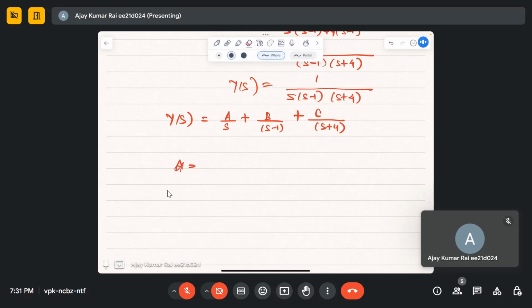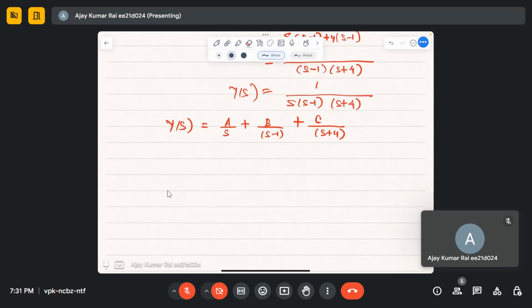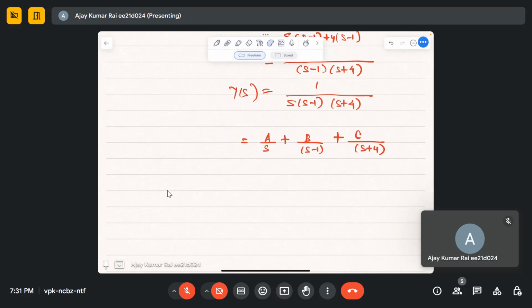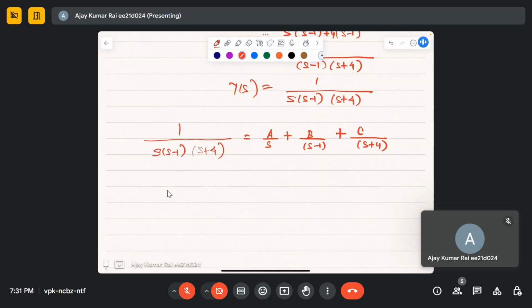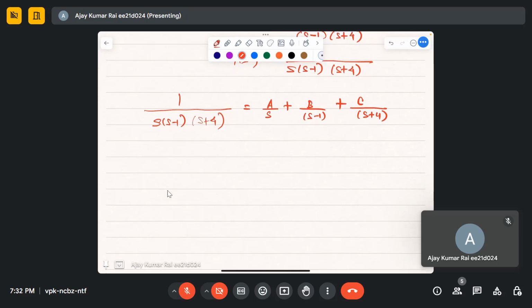We are writing this part as 1 over (s minus 1)(s plus 4) equal to a plus bs by s minus 1 plus cs by s plus 4, and put s equal to 0, right?